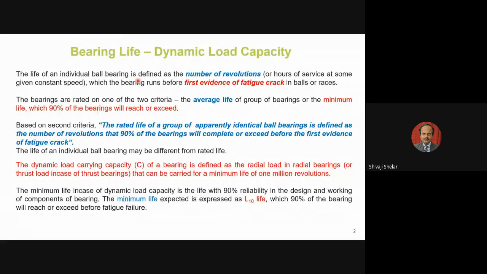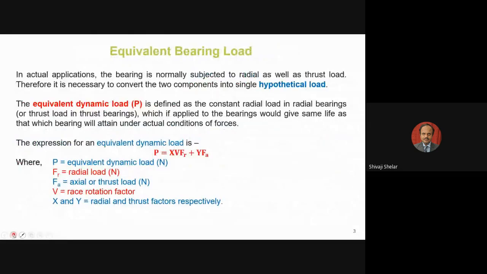So let's move to the next part, that is dynamic equivalent bearing load. The load acting on the bearing depends upon the things mounted on the shaft, maybe pulleys, gears, a flywheel, or any other device mounted on that shaft. Sometimes the self weight of the shaft is so heavy that the weight also needs to be considered.